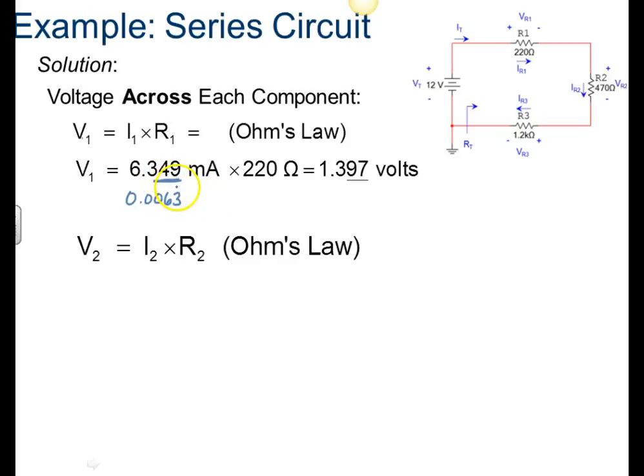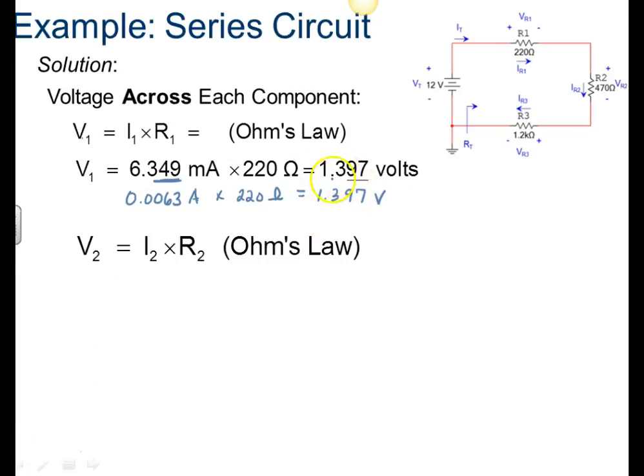These extra digits are digits that would have been recorded from the calculator but were rounded on previous slides. I'm going with 6.3 amps times 220 ohms equals 1.397 volts.